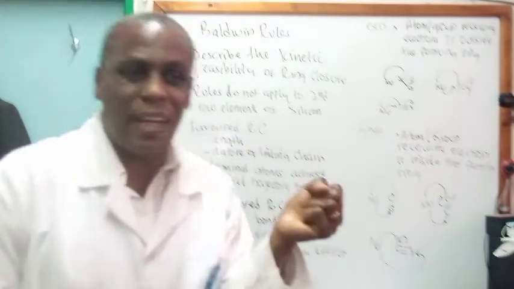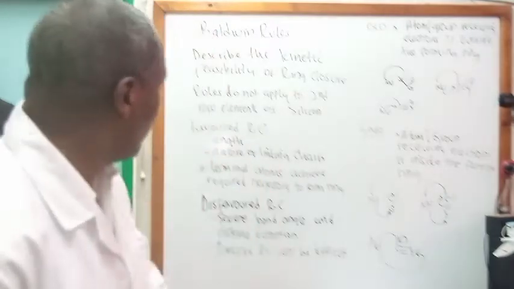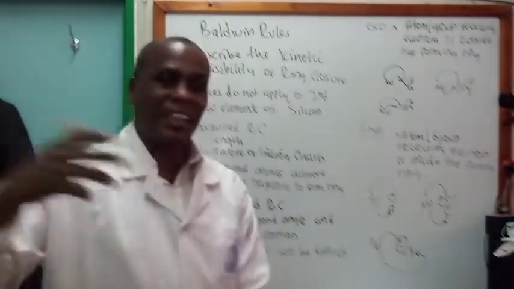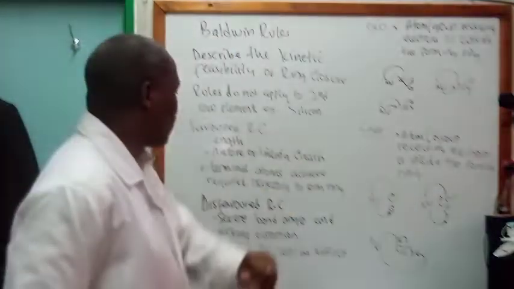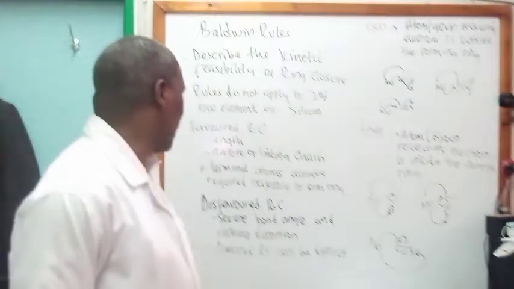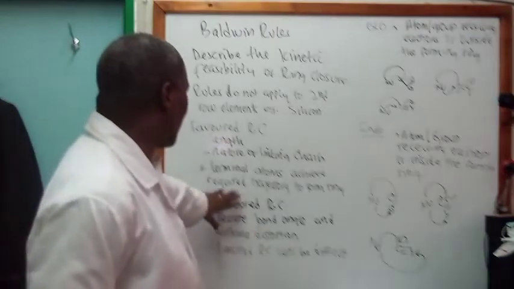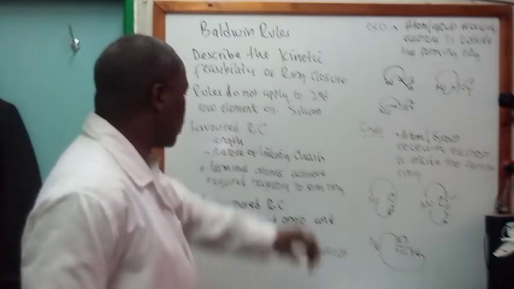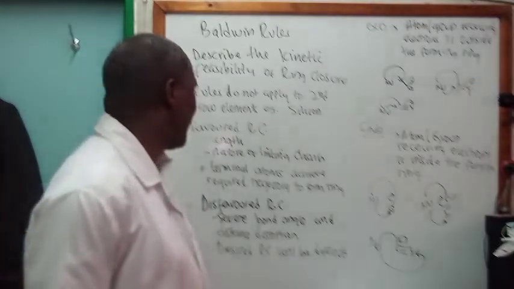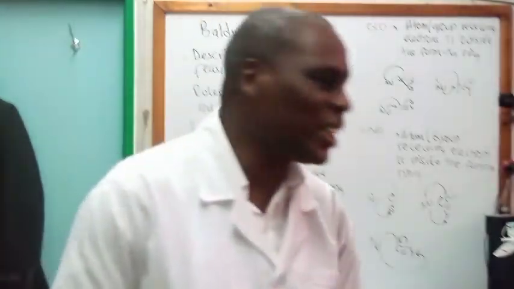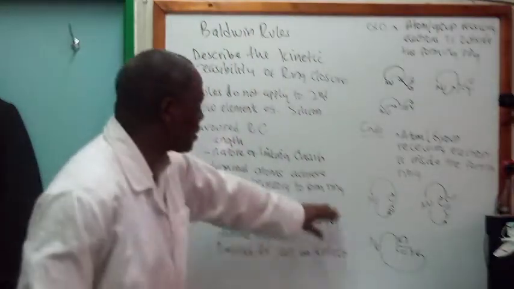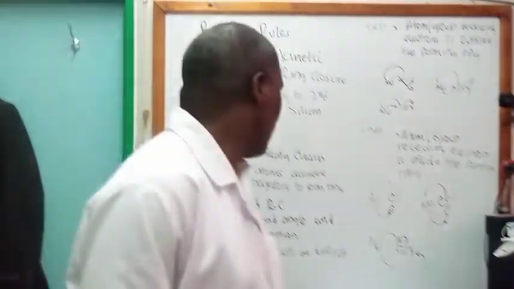You've got a favorable nucleophile and an electrophile, but because the chain may be too small, you may not get a favorable ring closure. So because the length and the nature of the linking groups are okay, the terminal atoms are able to achieve the required trajectory to form a ring.